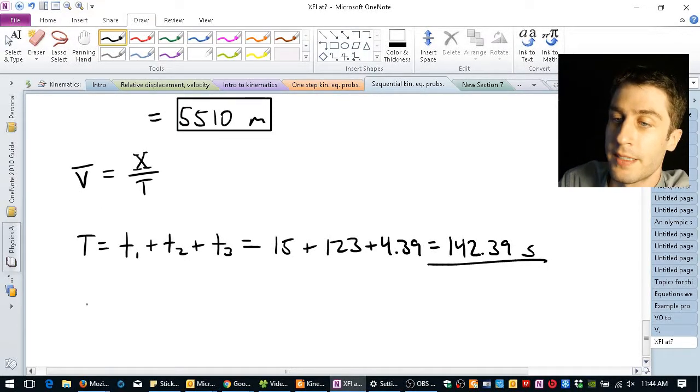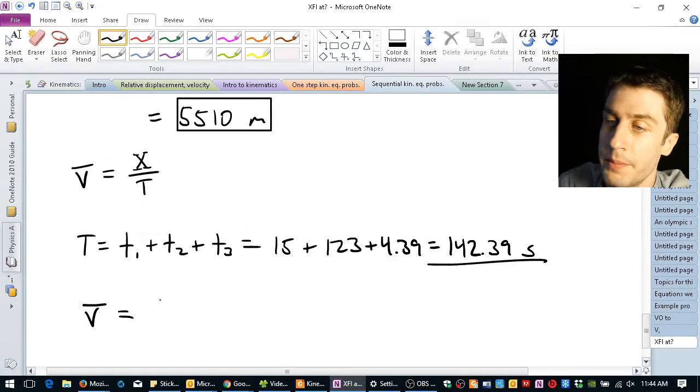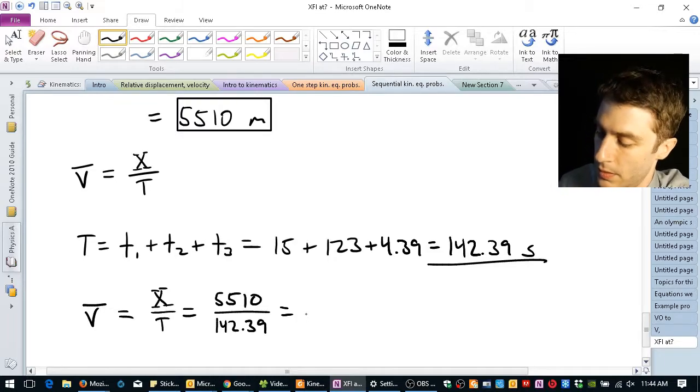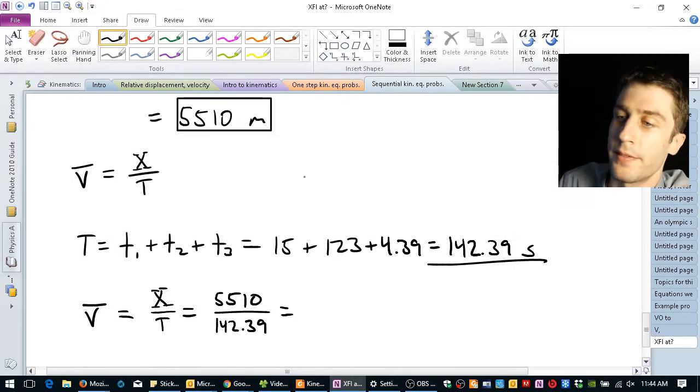Now all that remains is to find V average, which I represent as a V with a bar over it. Capital X divided by capital T. And that is 5510 divided by 142.39. And the value that I get is 38.7.